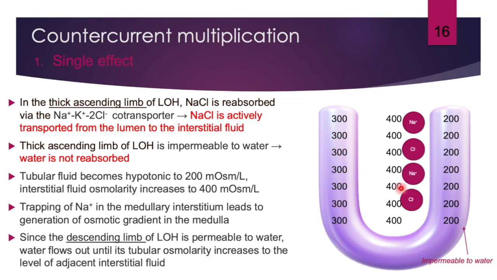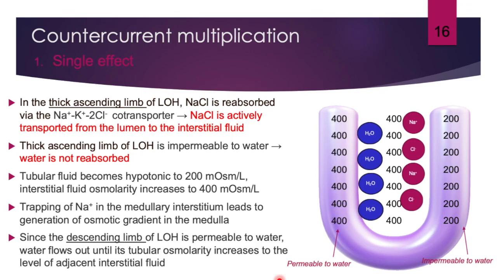Because of higher osmolarity in the interstitium, water will flow out of the descending limb into the interstitium. The osmolarity in the tubule will increase to about 400 milliosmol per liter because of this water reabsorption. The water reabsorption process will stop when the osmolarity in the tubule is similar to the osmolarity in the interstitium. So this is the single effect.